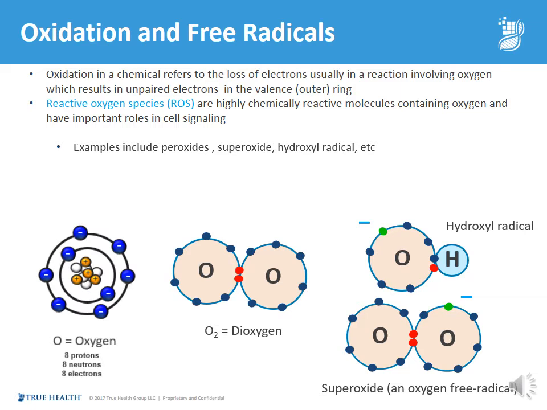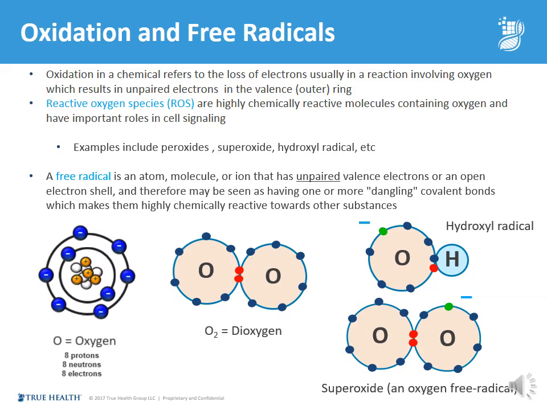It's an oxygen free radical, or a reactive oxygen species. And you see it's the dioxygen, but the oxygen atom on the right is carrying an extra electron. These electrons depicted in green are available for binding to other molecules, and that's what the oxidative process is.